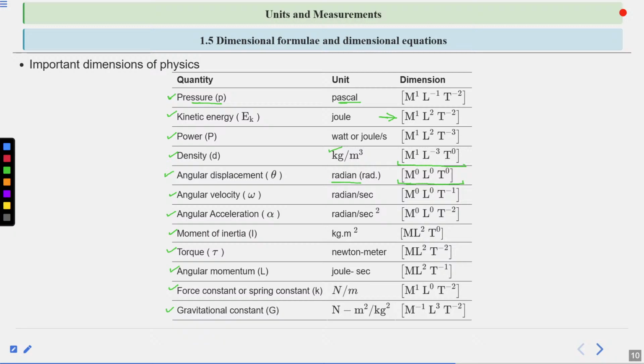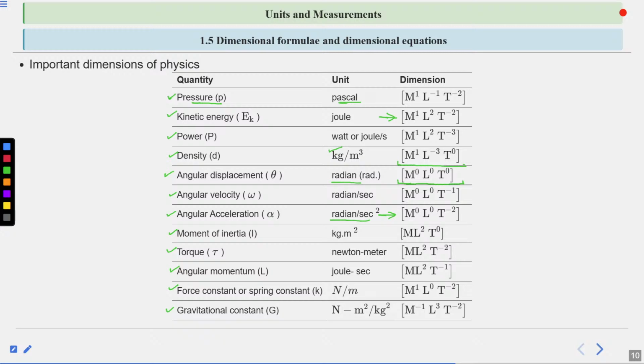Angular velocity, omega, unit is radian per second, and its dimensional formula is M0 L0 T inverse. Angular acceleration, alpha, unit is radian per second square, and its dimensional formula is M0 L0 T raised to the power minus 2.